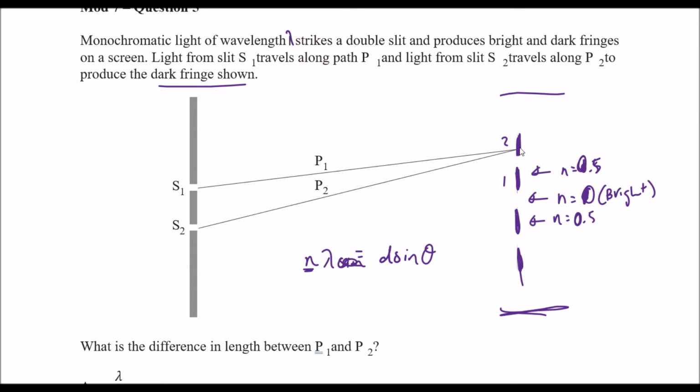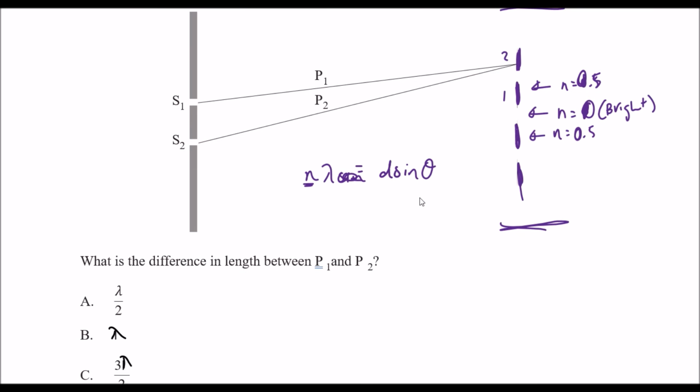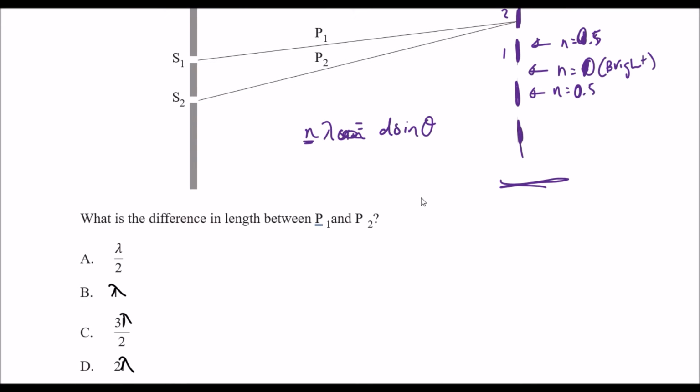Just readjust. Center bright band. So if we're in the second dark band, we're looking at a wavelength of 3/2 wavelengths.